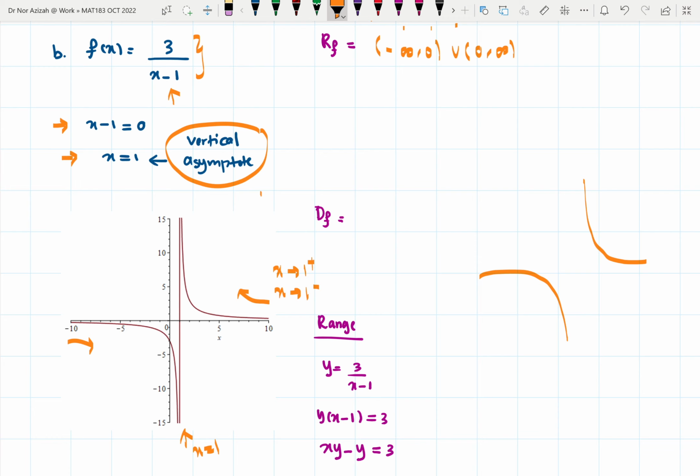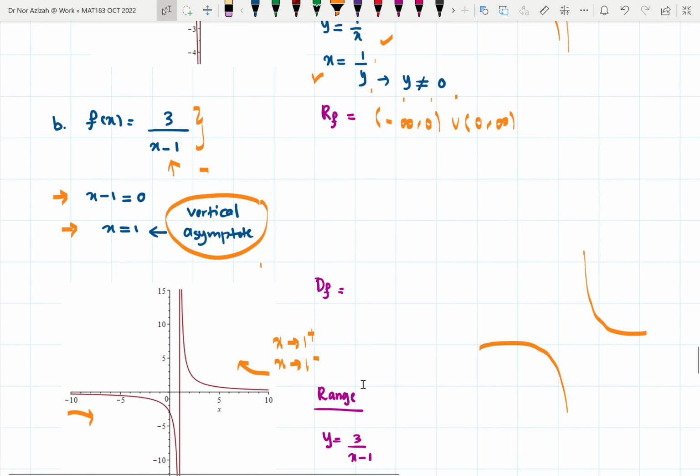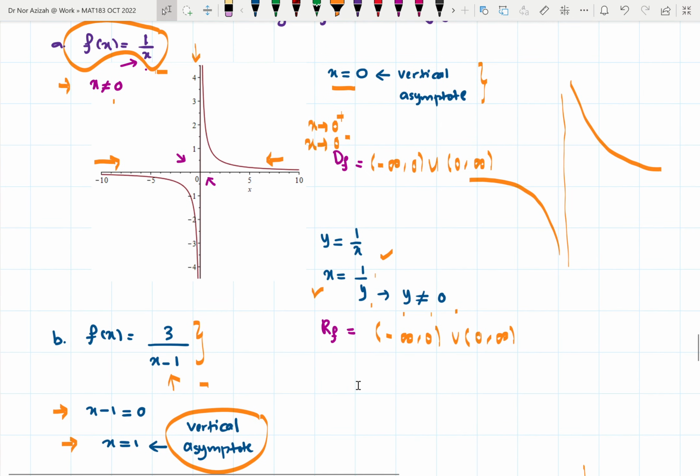Based on this, x here is not equal to 1, right? In order for f(x) to be defined, x not equals 1.